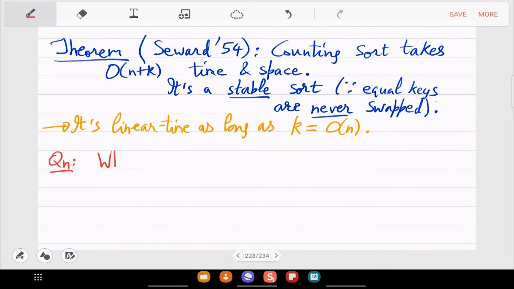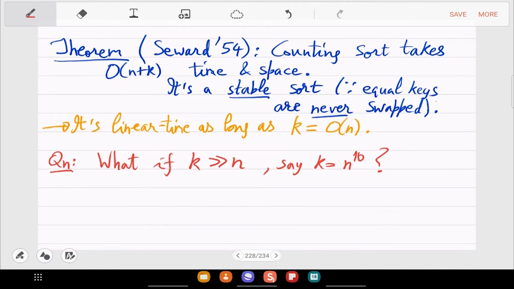So that is the remaining question. What if k is significantly bigger than n? The values are significantly bigger. Say k is n to the 10. Okay, so it's not that k is exponential, it is just that k is slightly bigger. So for 100 students, the values that the keys are taking are like 100 to the 10.